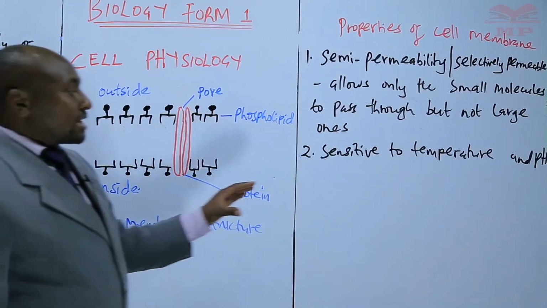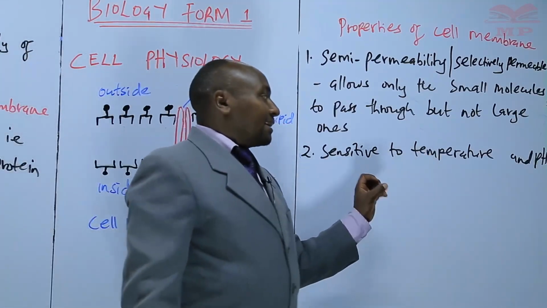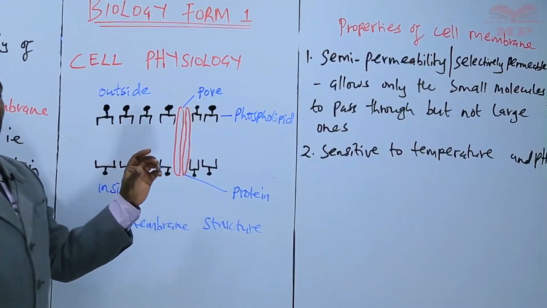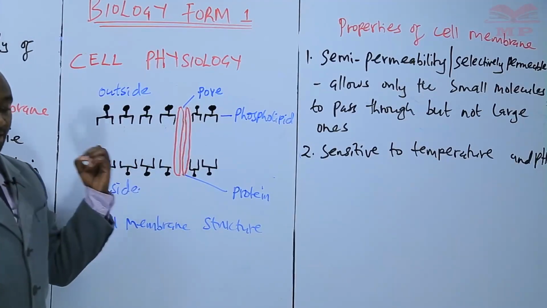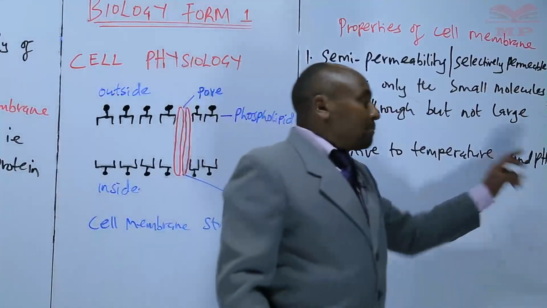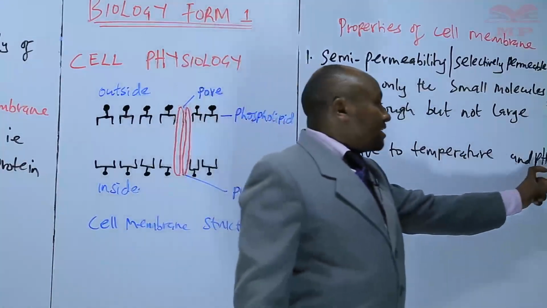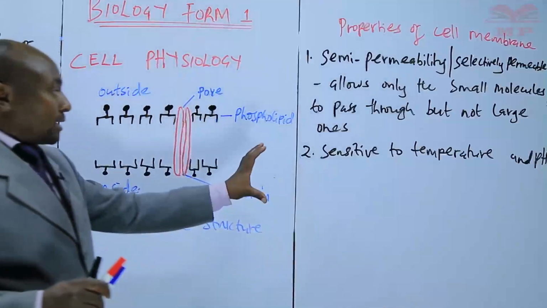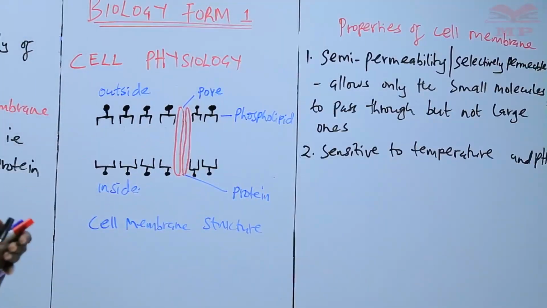Yeah? If the temperature is too high, then the cell membrane is affected. If the temperature is too low, it's also affected. Same case applies to the pH. So pH is the degree of acidity or alkalinity.